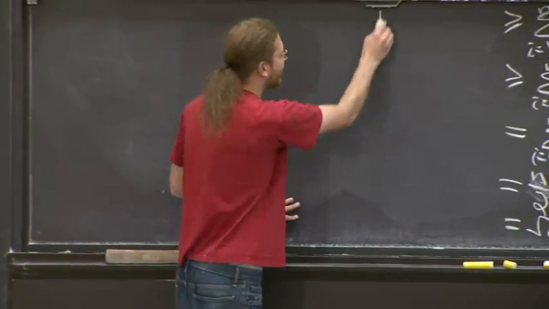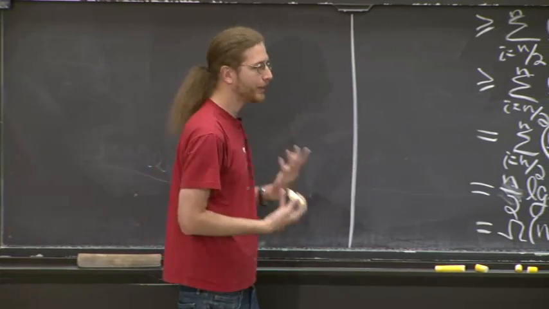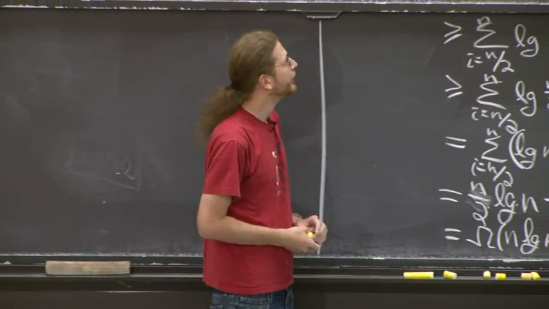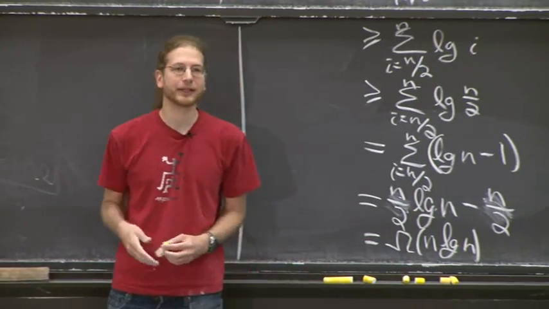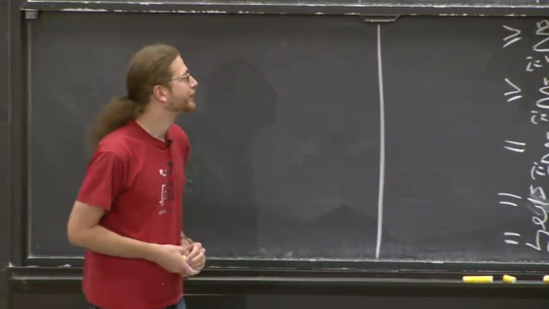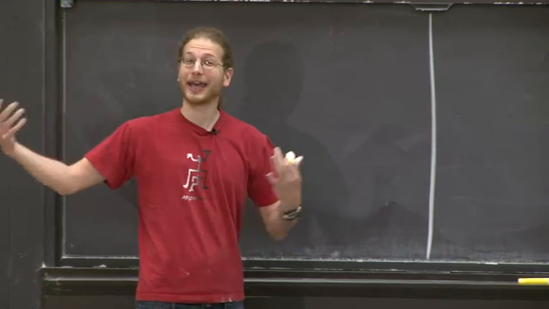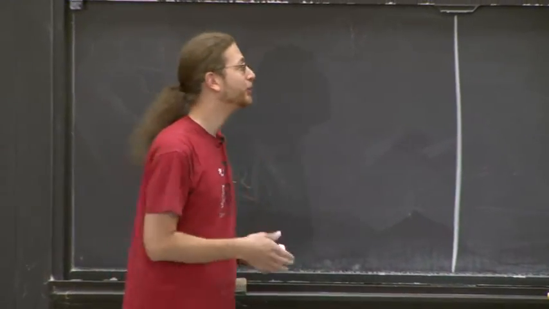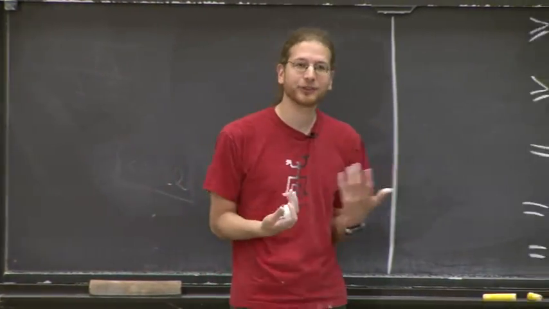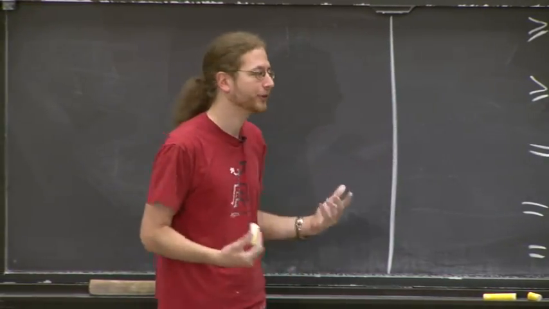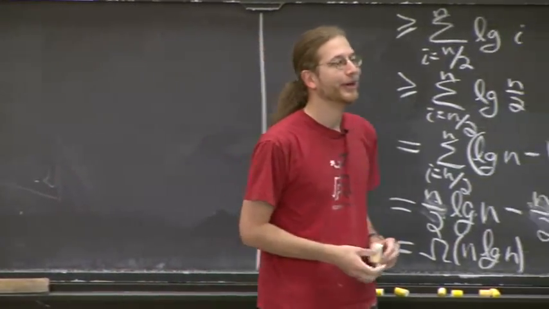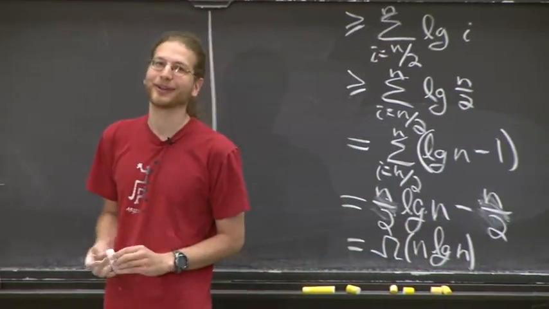OK? That's one way to do it. Another way to do it, if you happen to know Stirling's formula for n factorial: n factorial is about n over e to the n times square root of 2 pi n, right? That's the Taylor series approximation of n factorial. The first term is the most important for us because it is the asymptotically dominating term: square root of 2 pi n times n over e to the n.